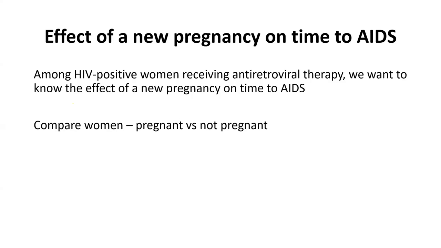So the coexistence of these two phenomena is more likely to catch progression of HIV to AIDS, and this can overestimate the effect of new pregnancy on progression. So this is a classical example of Berksonian bias.